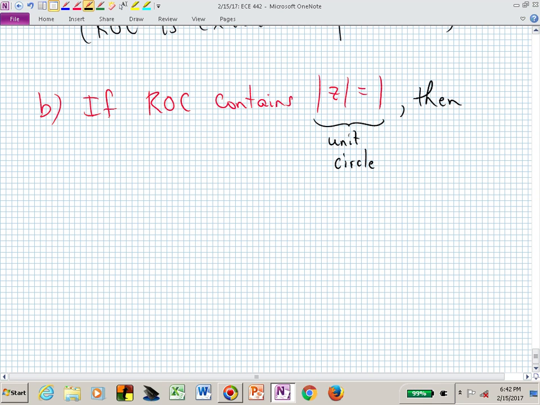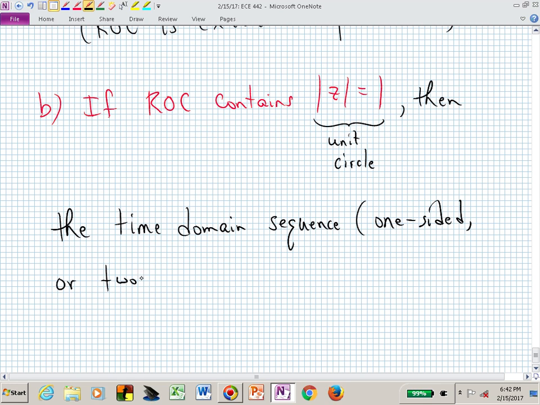If the region of convergence contains that, then the time domain sequence, does it matter if that time domain sequence is one-sided or two-sided, right-sided or left-sided? No. So this could be associated with a one-sided or a two-sided sequence.